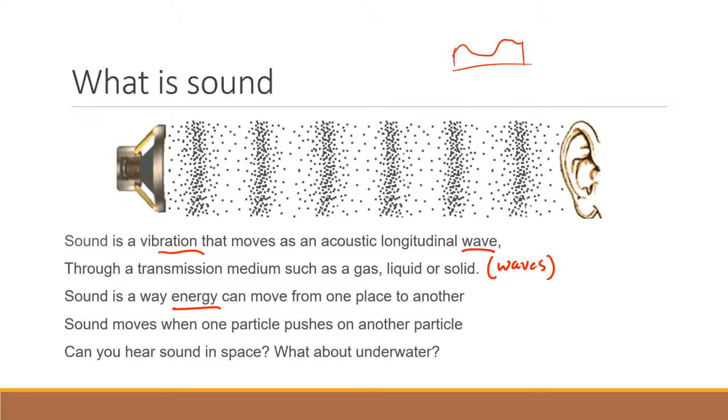The reason I bring up energy is because energy is the thing that's been tying everything together this year with physics, because we always talk about energy. So when we talk about sound, we still need to talk about energy. Some sound can have really high amounts of energy. I'm sure some of you may know, there is a shrimp at the bottom of the ocean called the mantis shrimp.